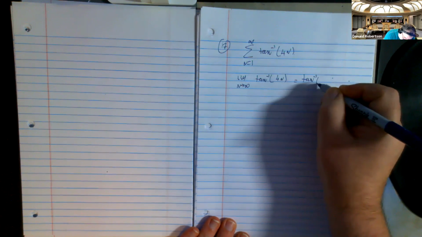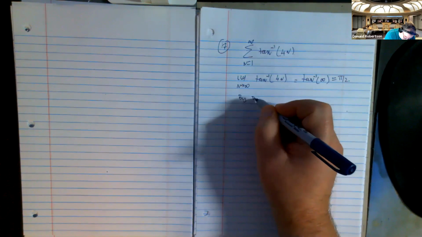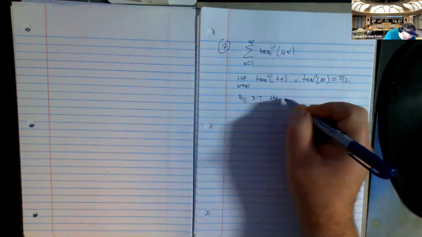Isn't 4 times infinity infinity? What is the value of the inverse tan of infinity? It is a number, isn't it? We did it today. Pi over 2, remember? Right, pi over 2. And by the divergence test, the series diverges.